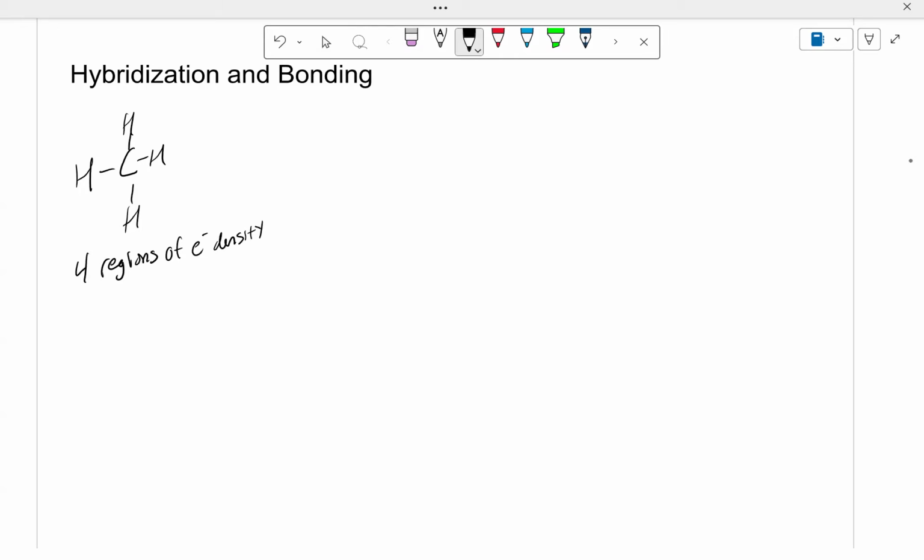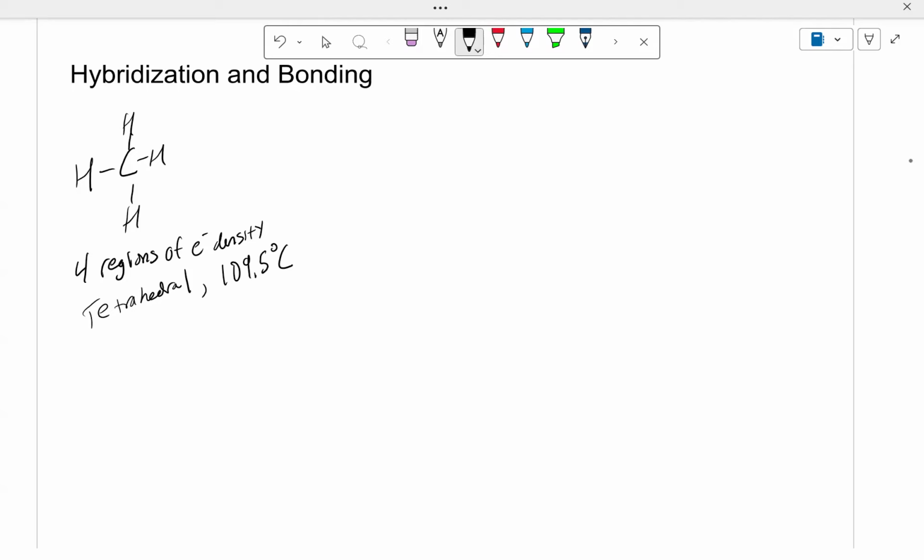So if I were to ask you, what's the molecular shape around that carbon? You would say it's tetrahedral. And if I were to ask you, what are the approximate bond angles around that carbon? You probably would say about 109.5. That's the magic number you memorized for a tetrahedral carbon.